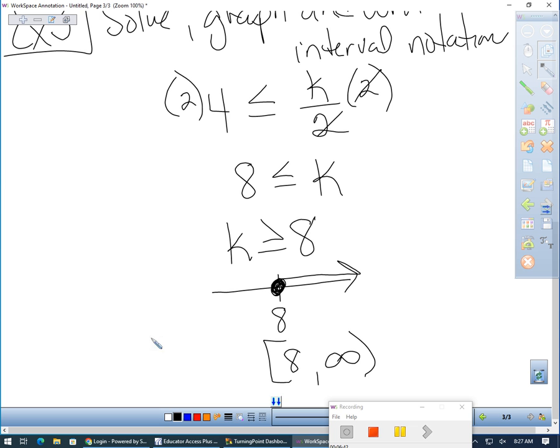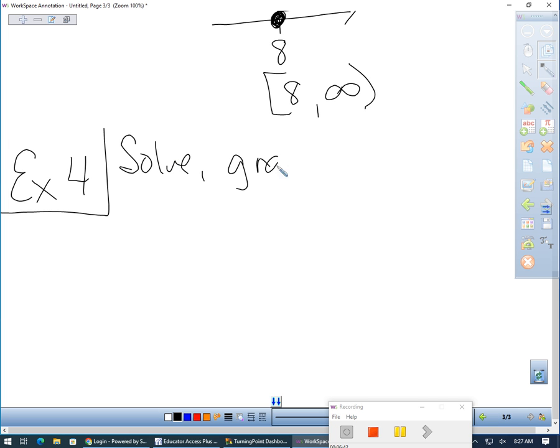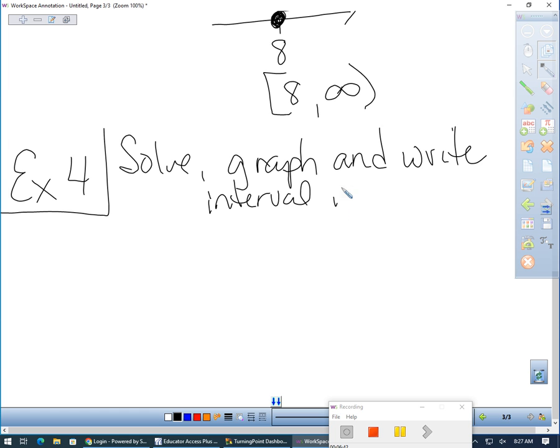Awesome. All right. Last example then, if you guys think you're doing great. Example number 4. Solve, graph, and write interval notation.